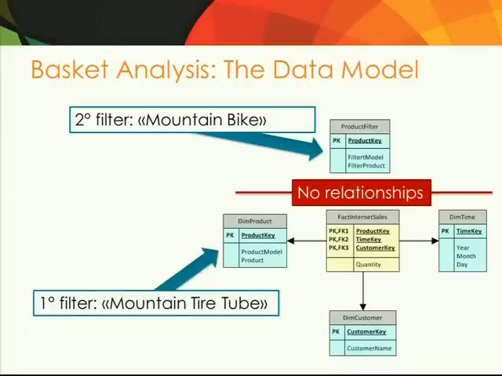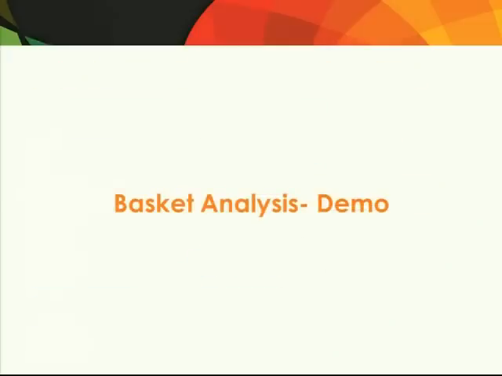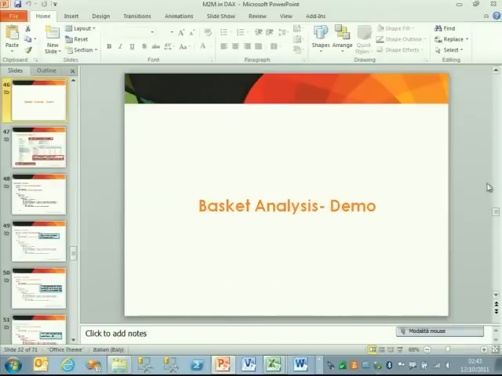And of course, for the same reason as before, I cannot create a relationship between fact internet sales and product filter, because I have only one product key and I cannot create both relationships. I will have one relationship with product, which is the natural one, but no relationship with product filter. Again, I will use DAX to simulate this relationship. Let's have a look at the final result.